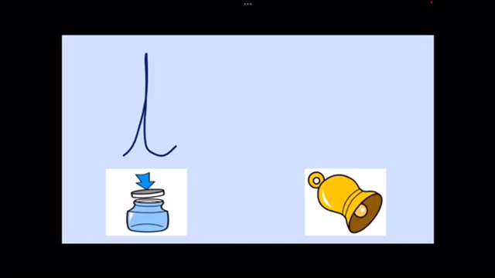If we hear L, we write the letter L. But if we hear L at the end of a word with one syllable and a short vowel sound, we write double L. Did you beat me to it? Well done.